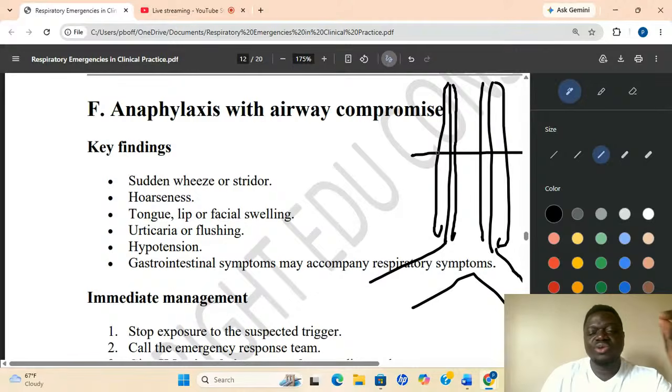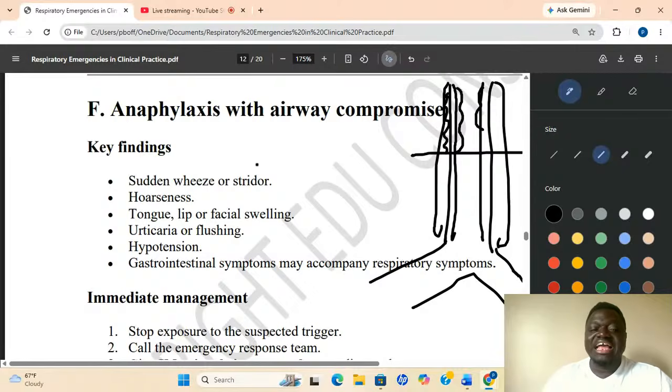Or I'm taking antihypertensive medication like lisinopril, an ACE inhibitor, giving me angioedema. All these reactions are there. The mucous membranes will swell, and the muscles will go into spasms.